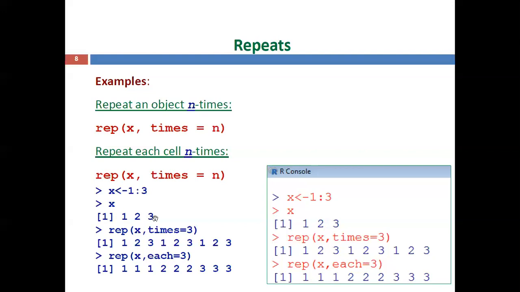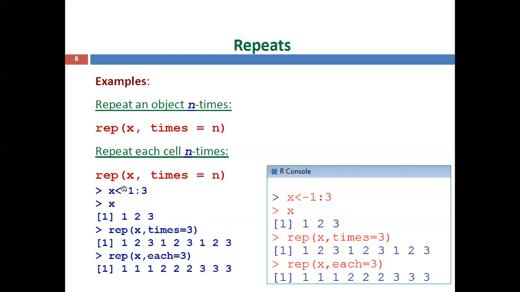Earlier, times equal to 3 meant the entire set is repeated. Whenever you use each, every value in the set is repeated that number of times. For example, rep of x comma each equal to 3, where x contains 1, 2, 3. Earlier, rep of x comma times equal to 3 meant the entire data 1, 2, 3 is repeated 3 times. Whereas with each equal to 3, each value in x is repeated 3 times. Now you can see the output.